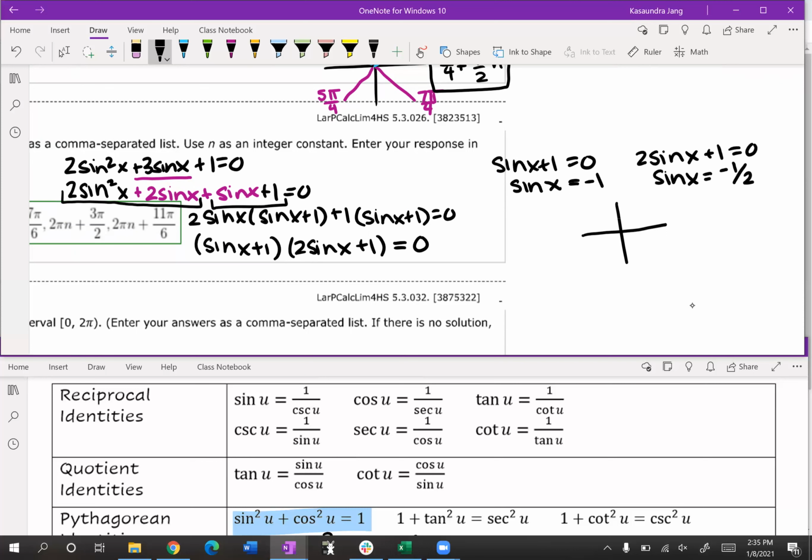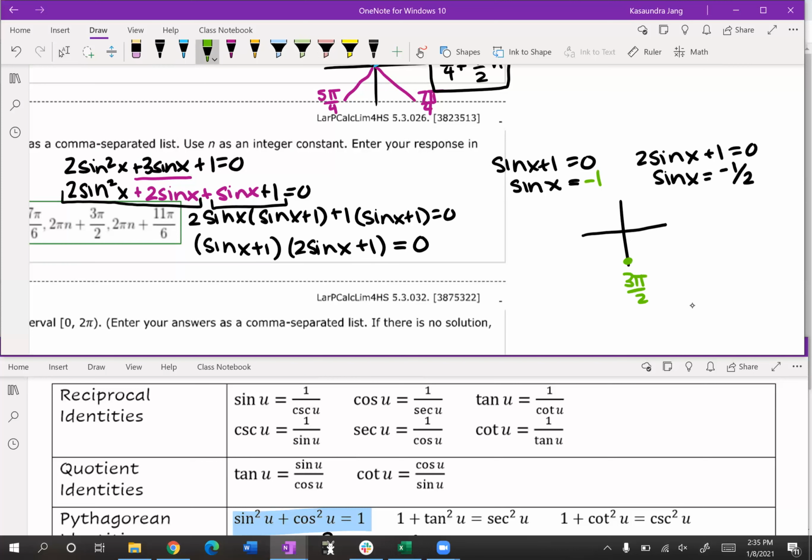All right, so first things first, sine or my y values are negative 1 down here at 3 pi halves. And again, maybe I'll color code this. A negative 1 down here at 3 pi halves.